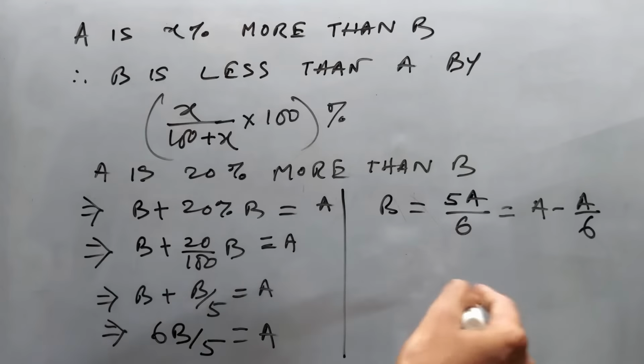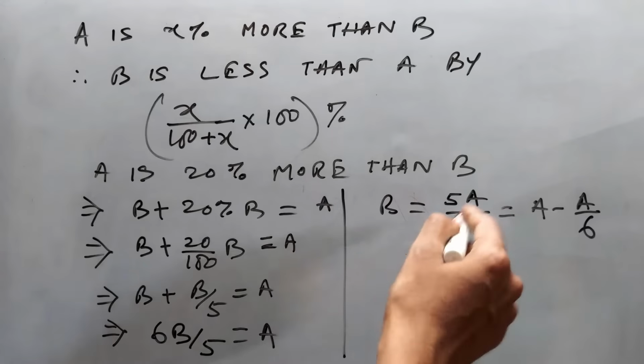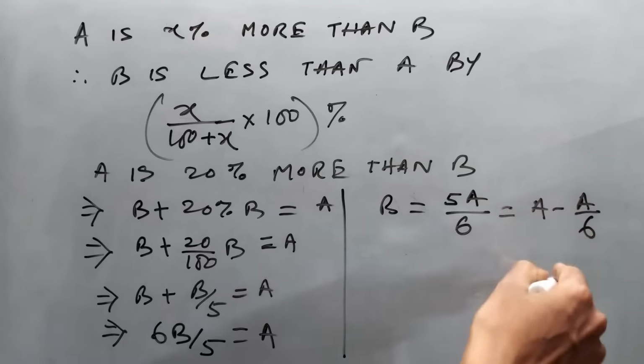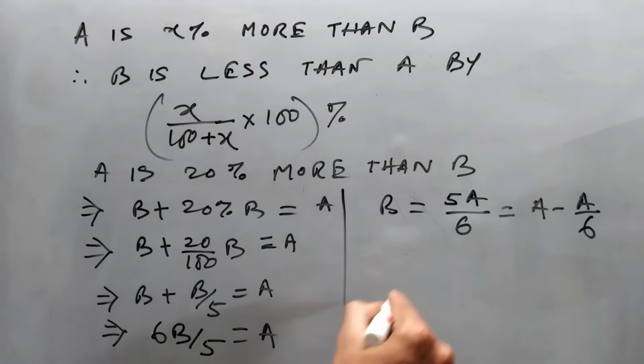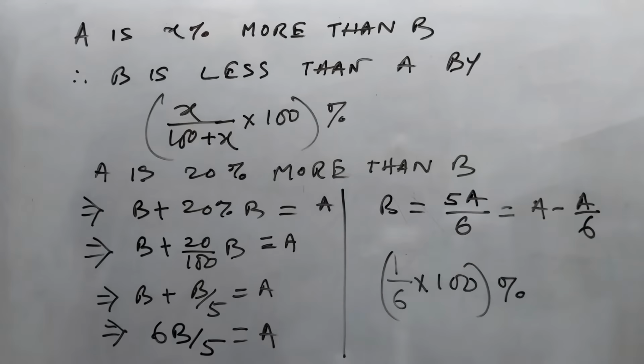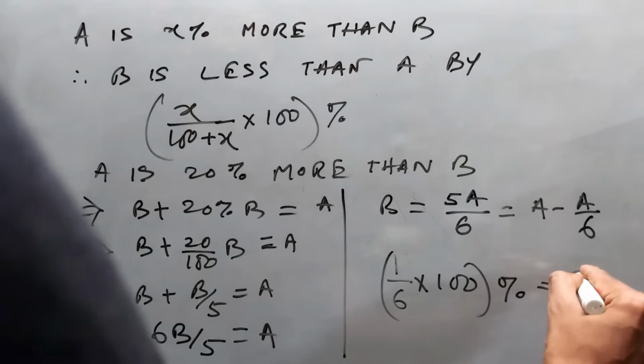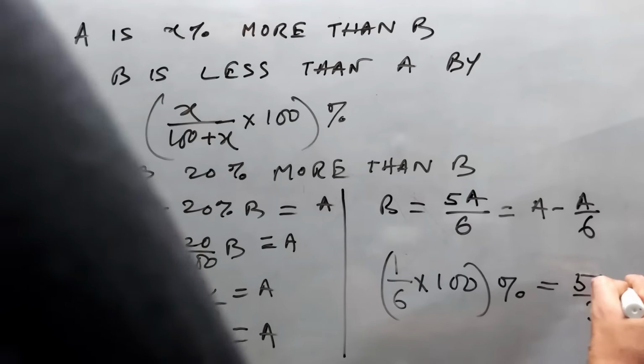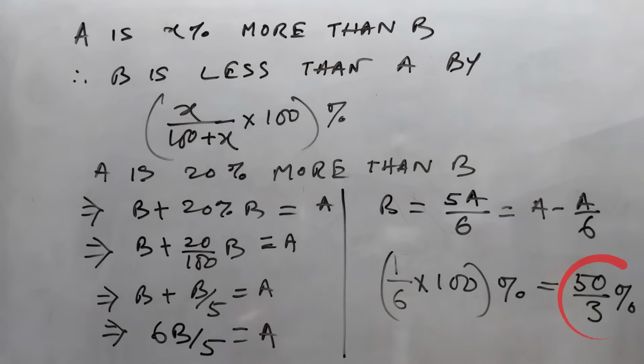Because it is only smaller by 1 by 6. Now, very important part, it is only less than 1/6. Now 1/6 into 100, this is the percentage, right? So this is 50 by 3%. This is your answer. But this is a lengthy process, right?